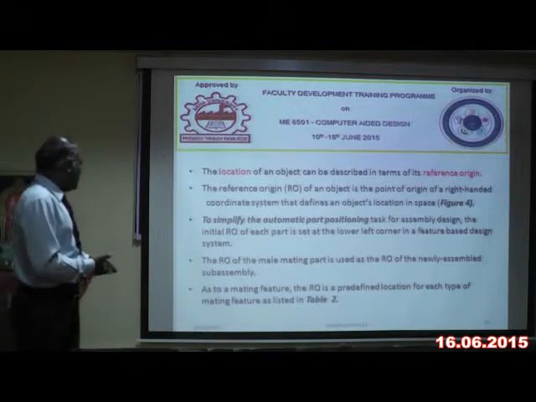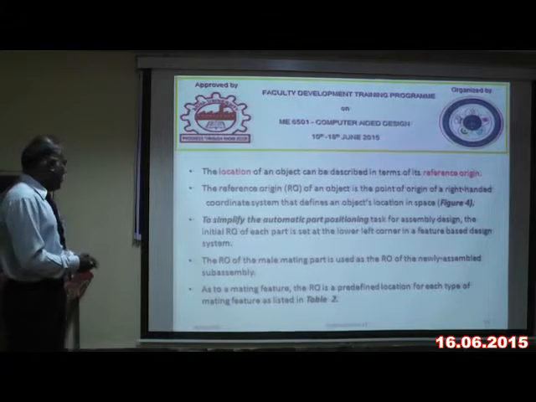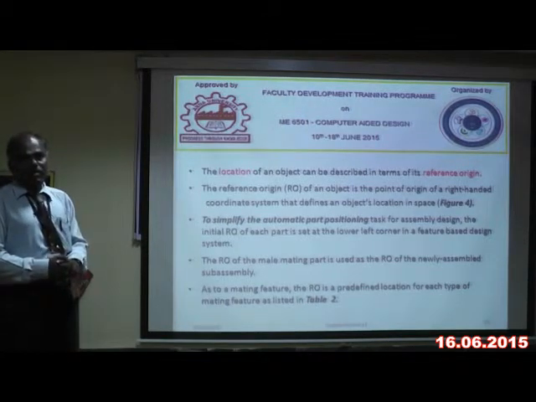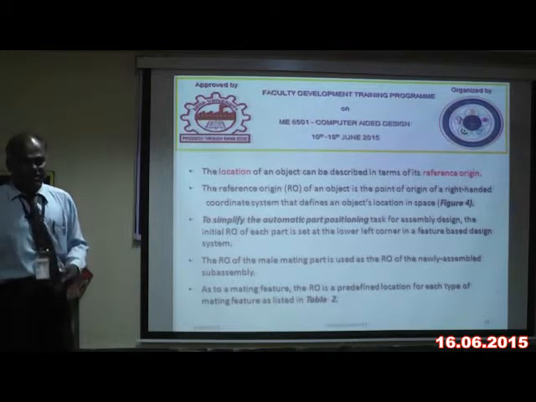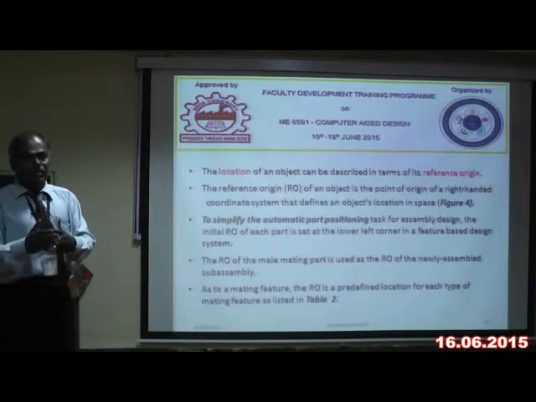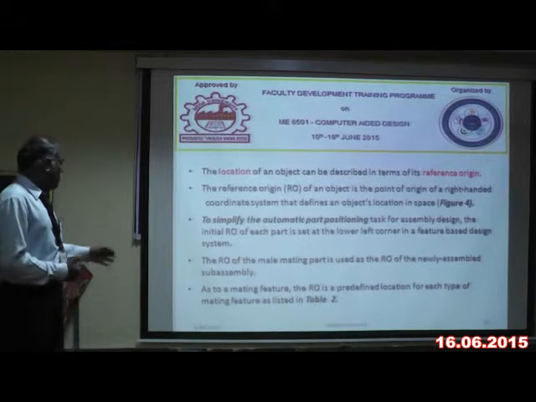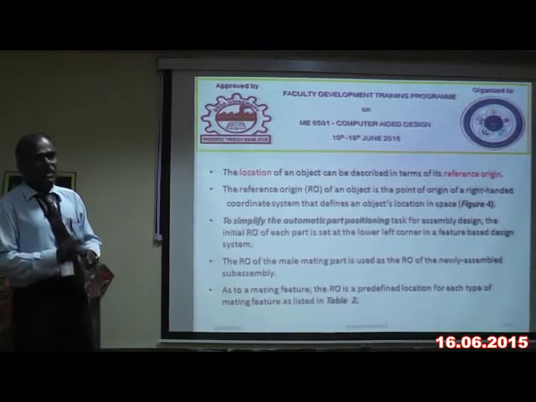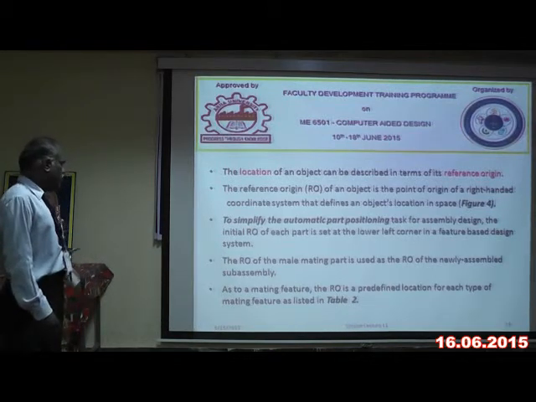The reference origin of the main part is used as the reference origin of the newly assembled sub-assembly. When a part is completed in the assembly and we go to assemble the next part, the first part is the reference for the next, newly added part.